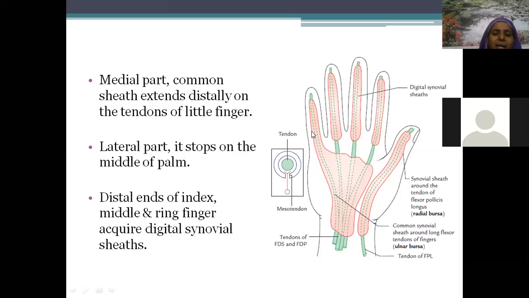Only the little finger tendon is in continuation with ulnar bursa. What is the difficulty if it is in continuation? If there is any infection in ulnar bursa, infection can also spread to the little finger, whereas these three are spared, they are well protected.